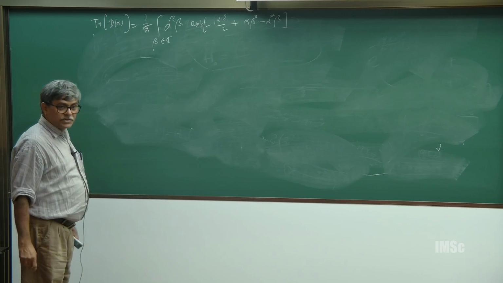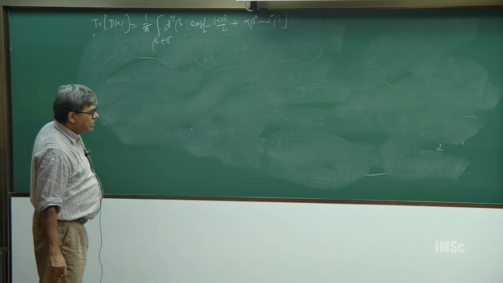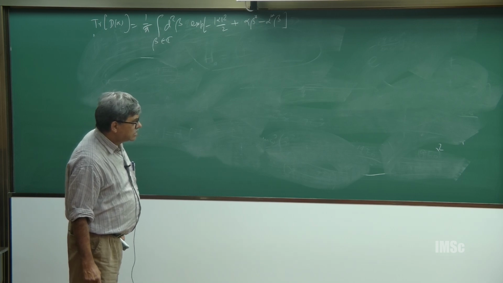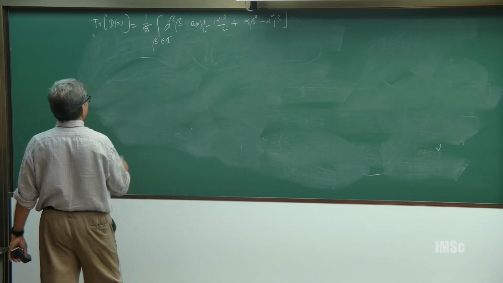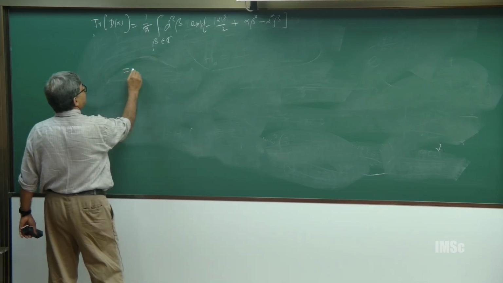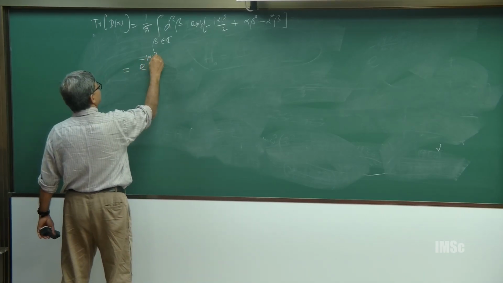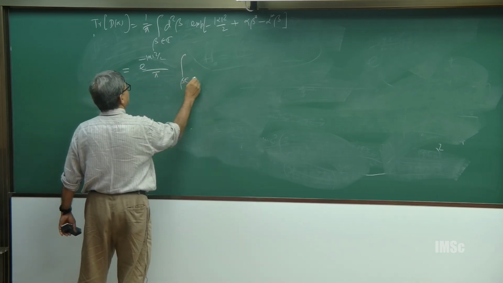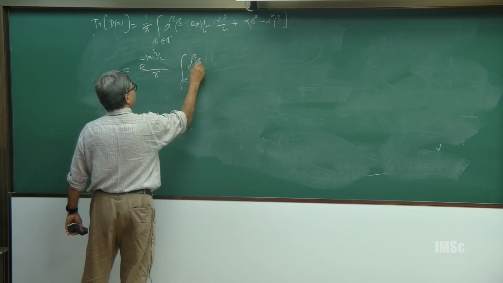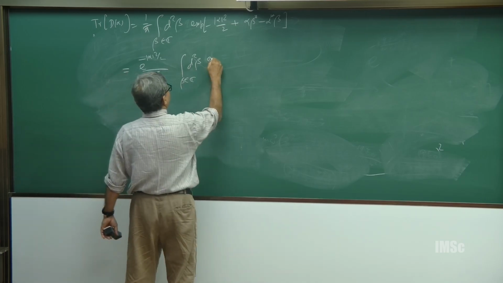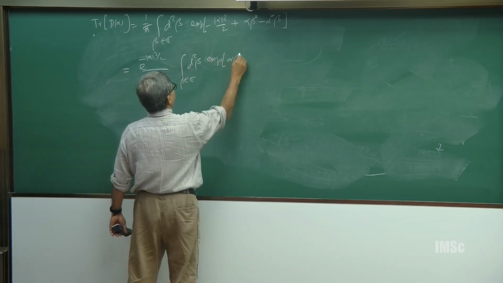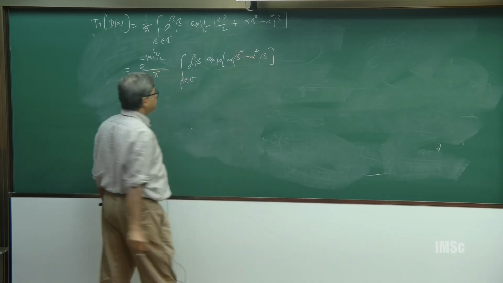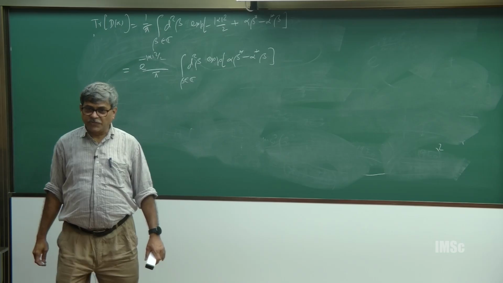Is that clear? I think it is correct. Okay. So therefore, this is e to the power minus mod alpha square by 2, by pi, integral over beta belonging to C, d square beta, exponential of alpha beta star minus alpha star beta.